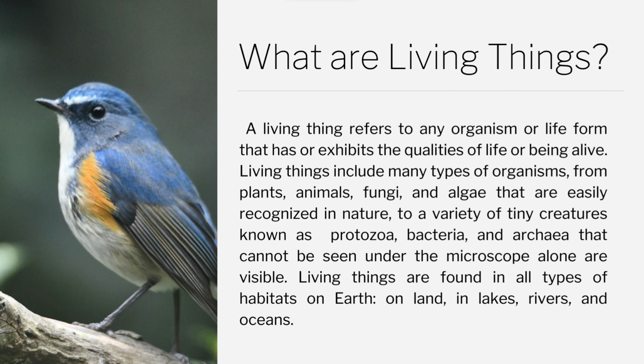Living things include many types of organisms, from plants, animals, fungi, and algae that are easily recognized in nature to a variety of tiny creatures known as protozoa, bacteria, and archaea that cannot be seen without a microscope. Living things are found in all types of habitats on Earth, on land, in lakes, rivers, and oceans.